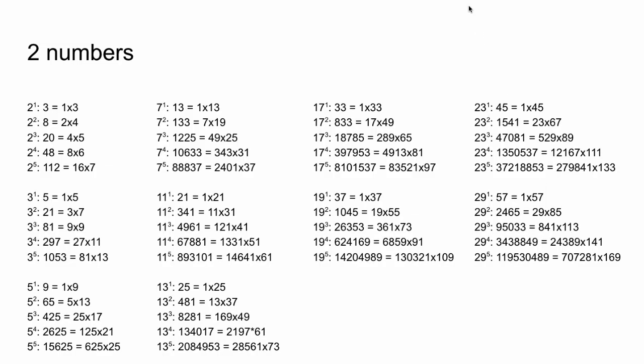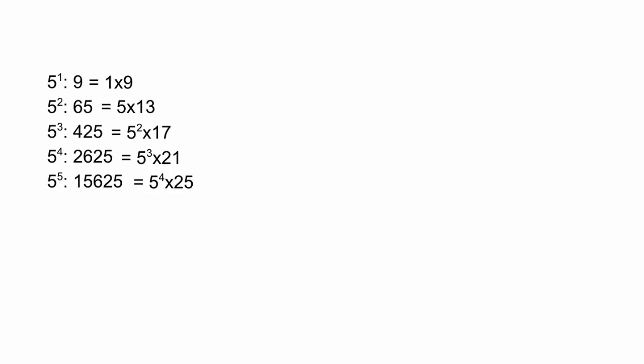To show it, I'll go back to the powers of 5. When you divide these numbers by 5 the appropriate number of times, you get the numbers 9, then 13, 17, 21, then 25. You might notice that these numbers are all separated by 4, which coincidentally is 1 less than 5.